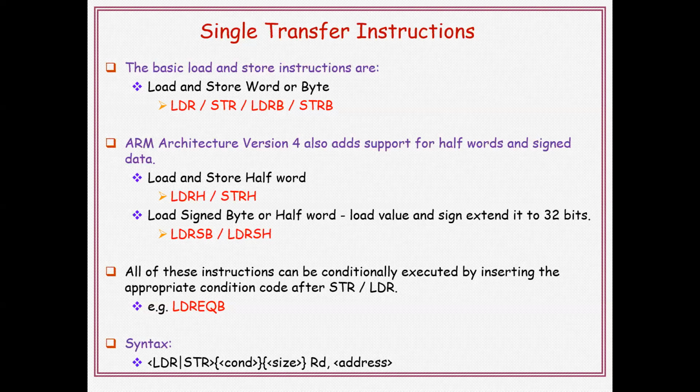And load signed byte or half word loads the value and sign extends it to 32 bits. So that is LDRSB, load register signed byte, and LDRSH, load register signed half word. So signed instructions are also supported.